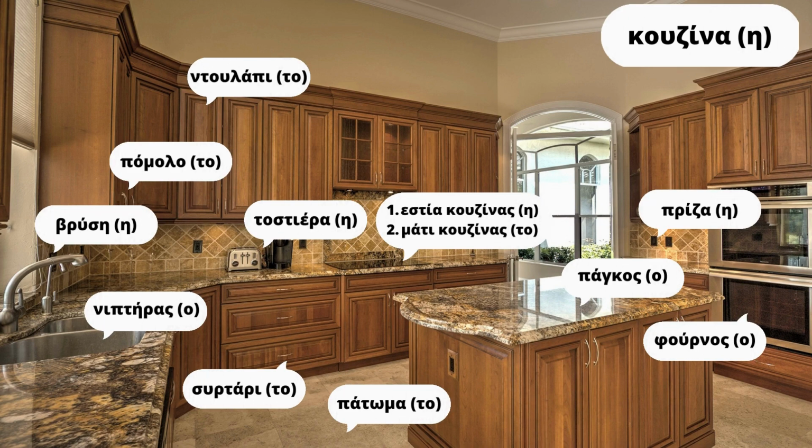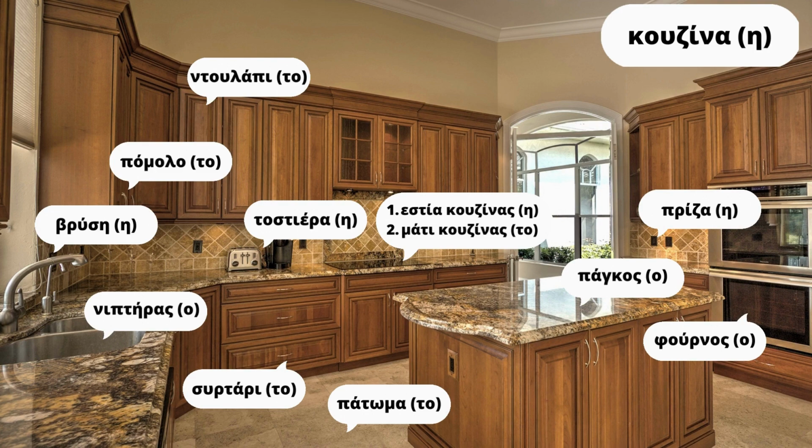The next word is priza, feminine gender. This is the electrical socket where we plug the devices to charge or just to turn them on. Priza. At the bottom right, we see the oven in which we can bake a meal. This is called o fournos in Greek.